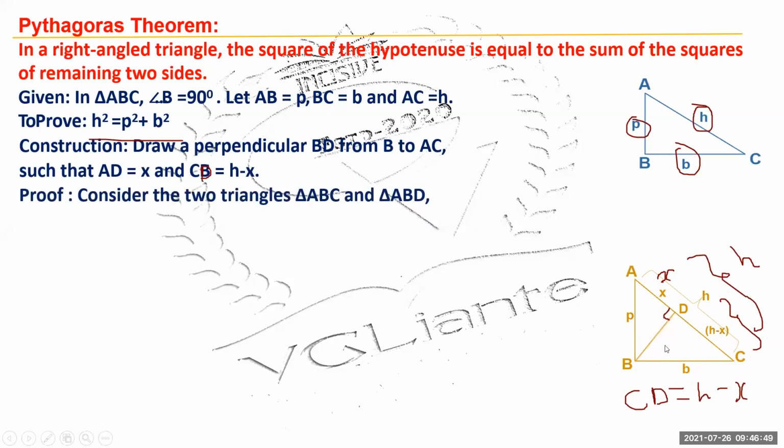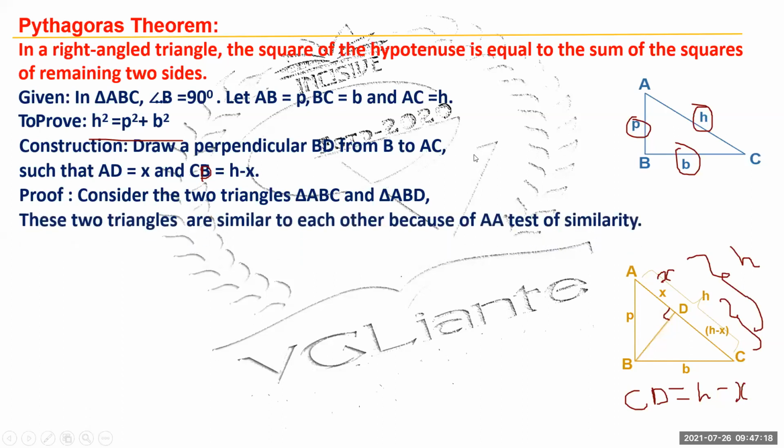So consider two triangles, ABC and triangle ABD. By the property of similarity of right angle triangles, the triangle ABD formed is similar to the original triangle ABC. You understand?